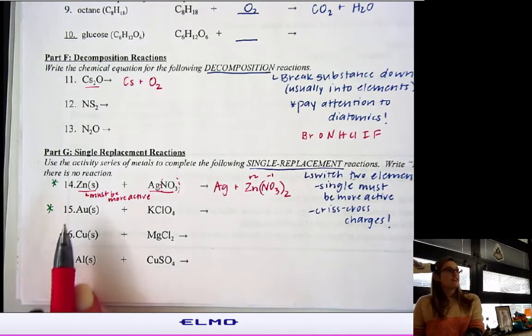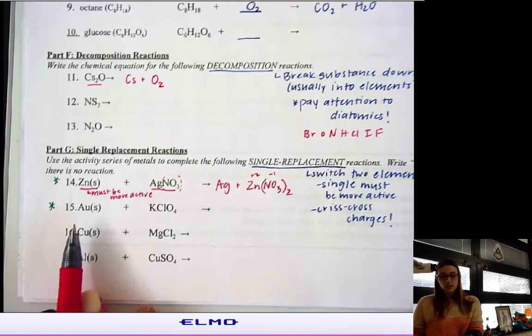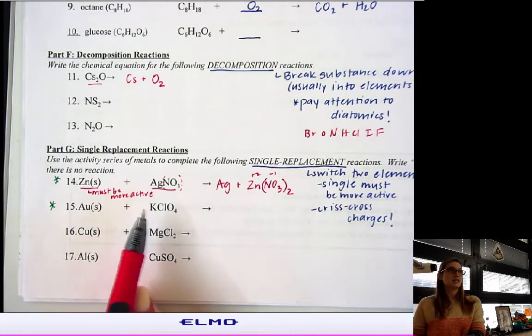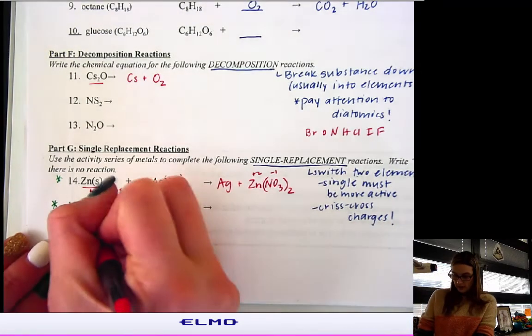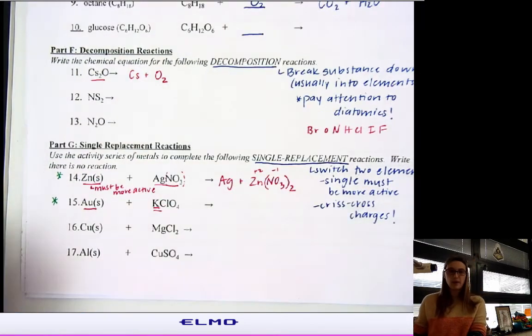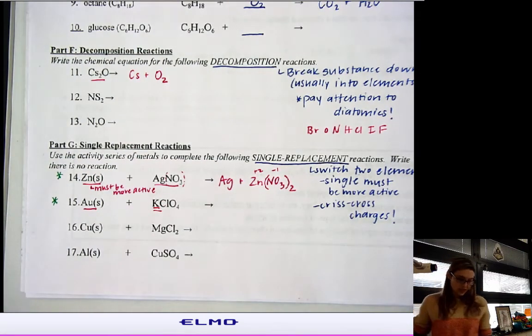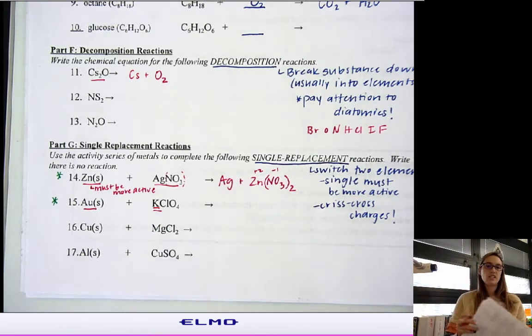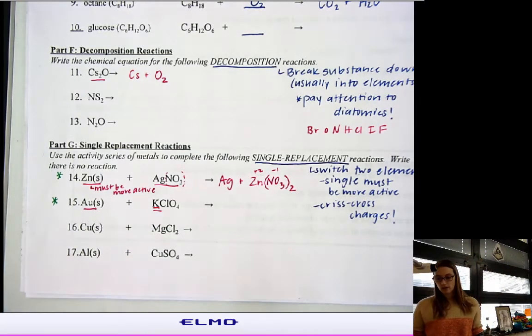Now if we take a look at 15, let's look at this one as well. We have gold, Au is gold, K is potassium. So again, we have a metal by itself and we have a metal that's in a compound. If we look at that activity series list, for this reaction to work, gold needs to be more active than potassium.